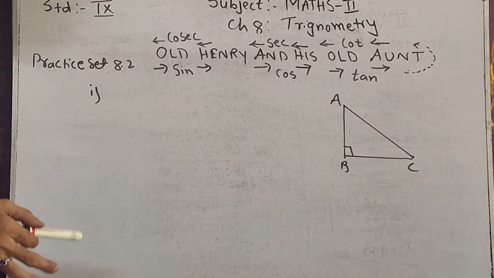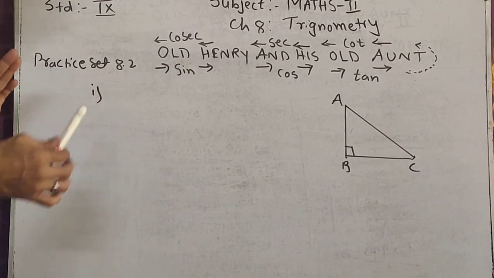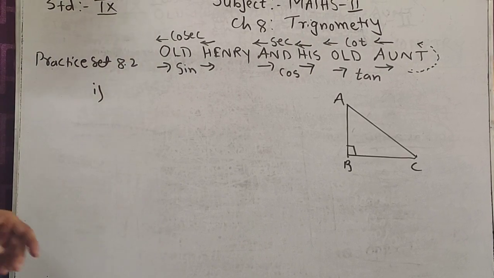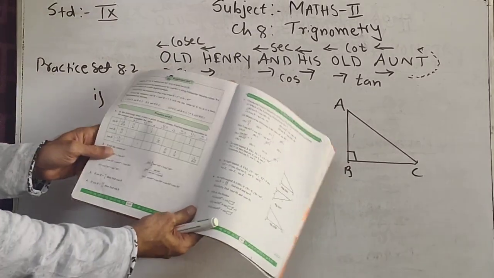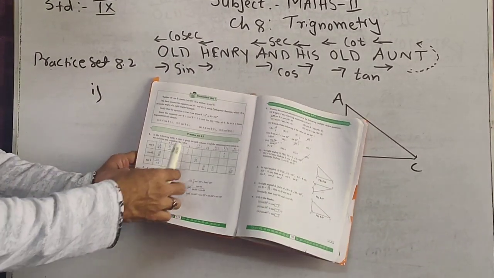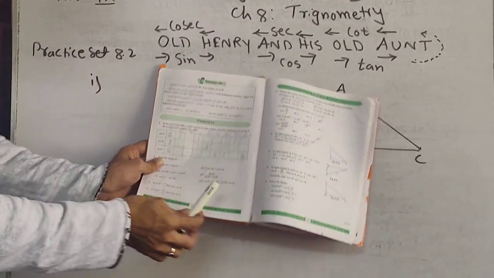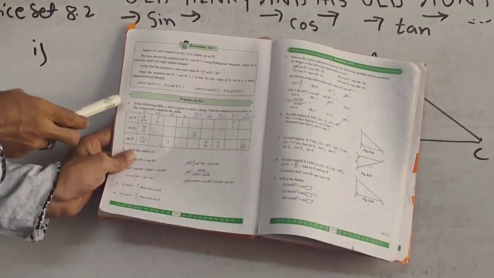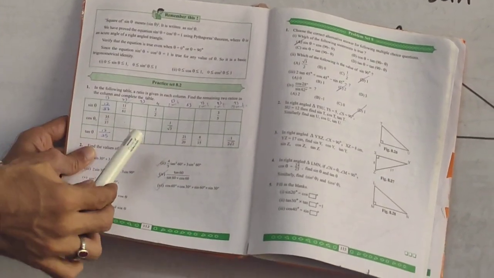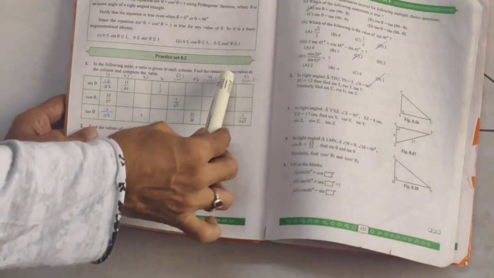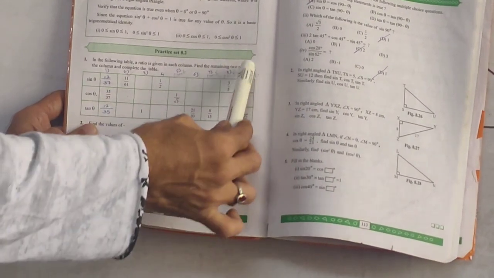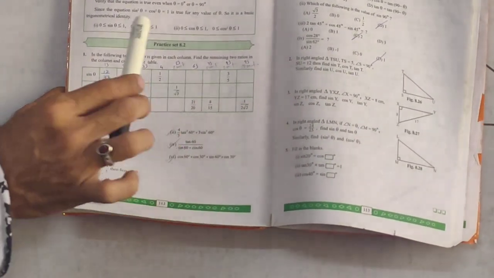Before starting practice set 8.2, let me give you one piece of good news. If you pay attention, from practice set 8.2, sum number 1, column number 5, 7, 8 and 9 are omitted.